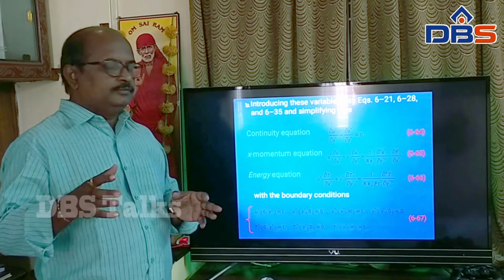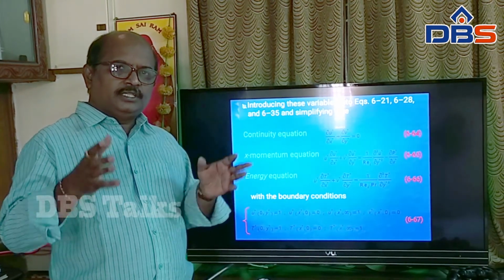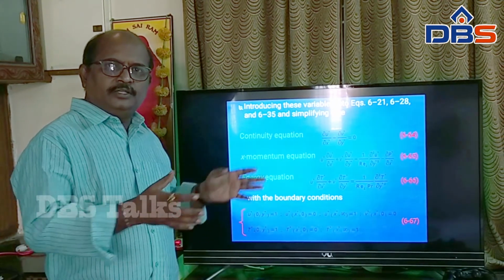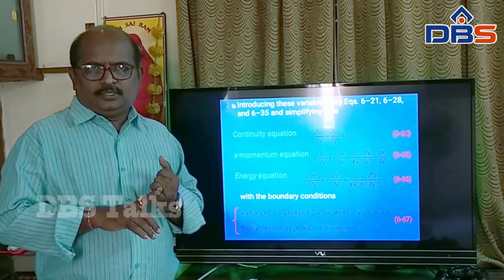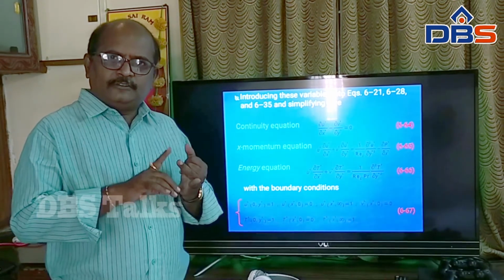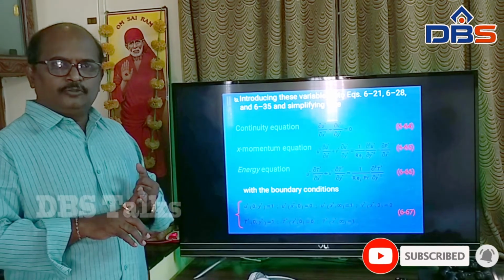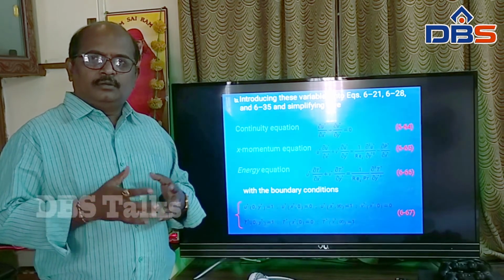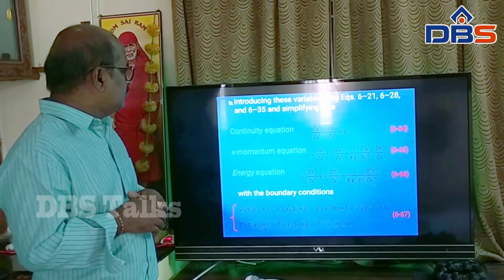So these are some fundamental convective heat transfer concepts we have discussed in today's class. We have discussed what is meant by convective heat transfer, what the different types of convective heat transfer are, natural convection and forced convection, what the different flows are, what is meant by boundary layer, laminar boundary layer, and thermal boundary layer.